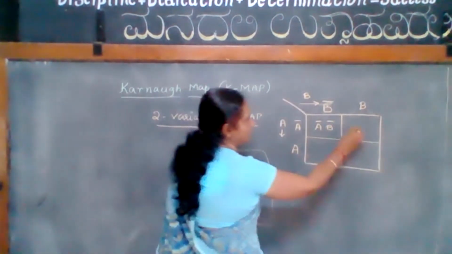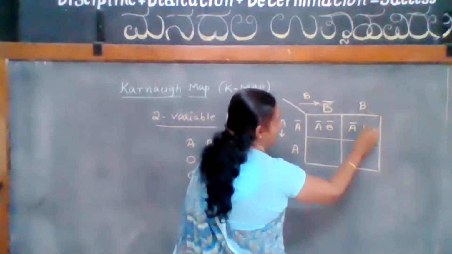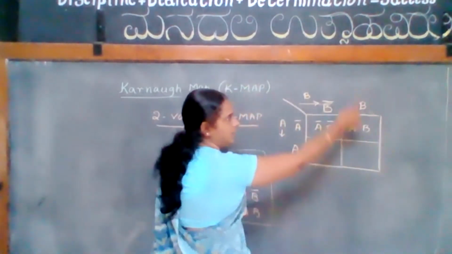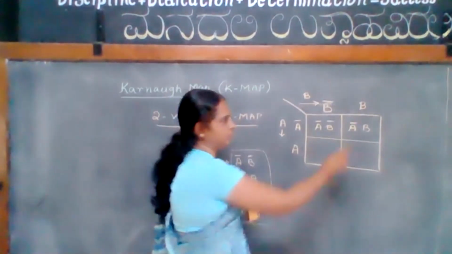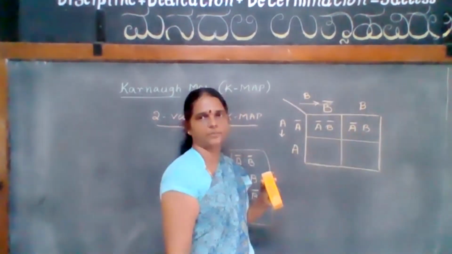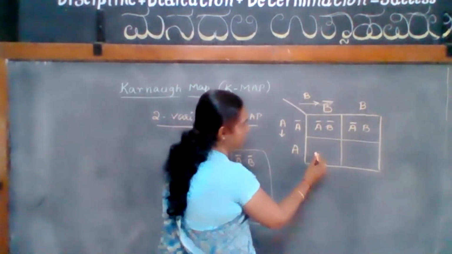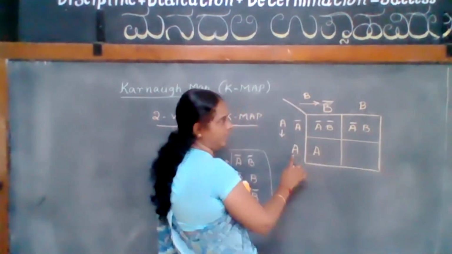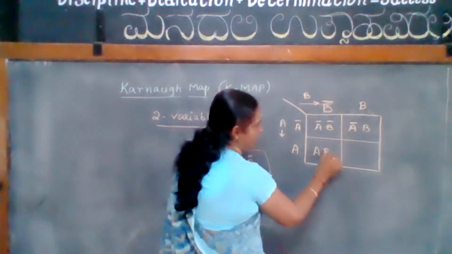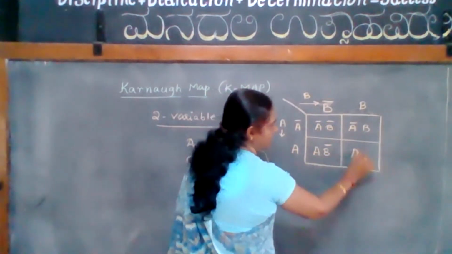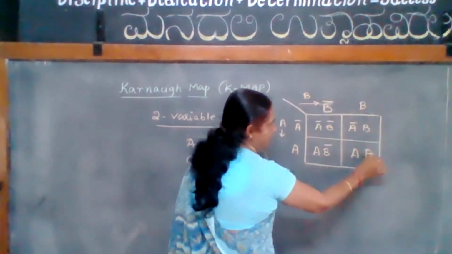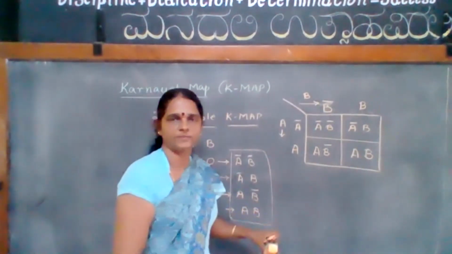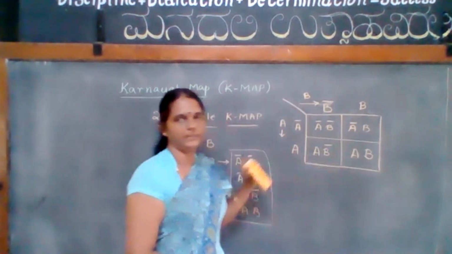The next cell represents A complement B. This row is A complement, this column is B, therefore this cell represents A complement B. The third cell: here this row represents A, column is B complement. The last one is A, column is B. So this is how we fill the cells of the K-map using the min terms.